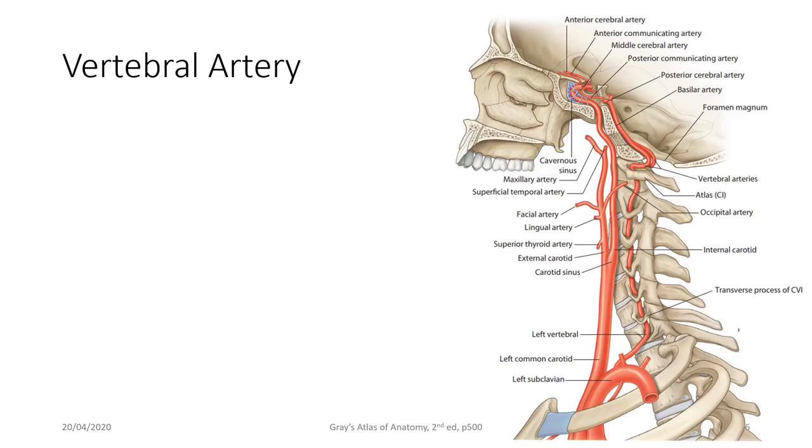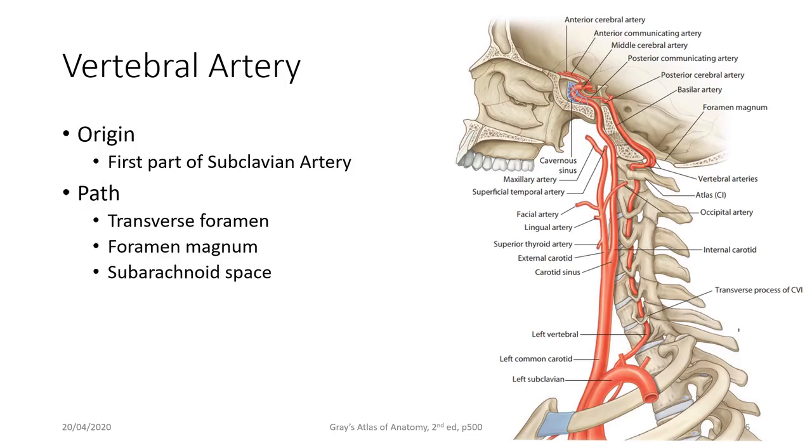Blood supply of brainstem is majorly through two arteries, that is the vertebral artery. There are two vertebral arteries, one on each side. The vertebral artery originates from the first part of subclavian artery, and after the origination, it ascends within the foramina in the transverse processes of the cervical vertebra.